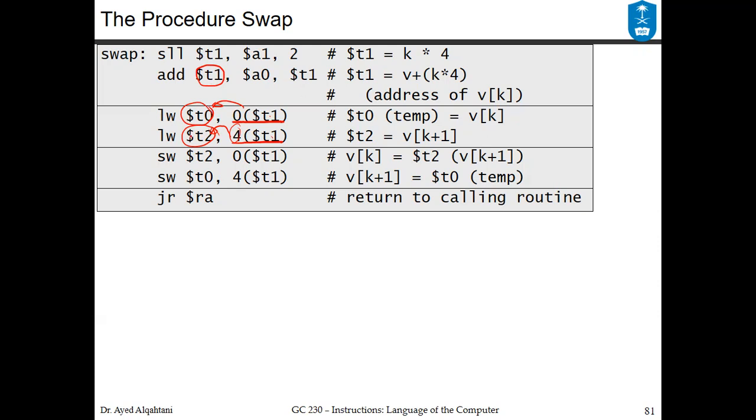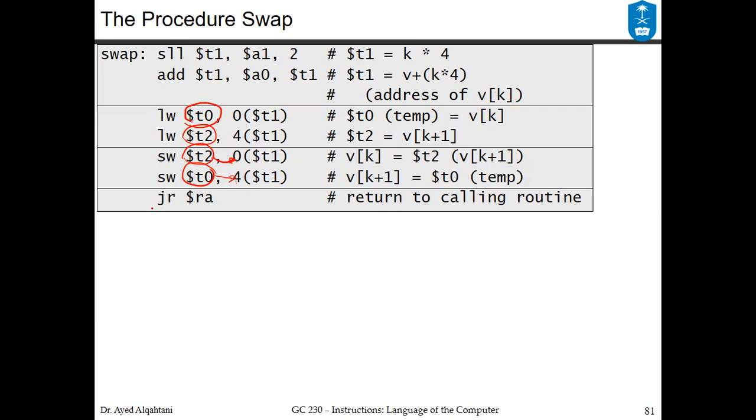Now you can do the swapping by using the store: T2 is stored into the location pointed to by T1 at the offset 0, and T0 at the offset 4, meaning that we are doing the swap.